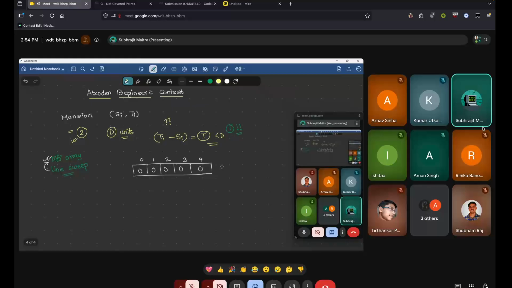Now, you come to me and tell me that from index 1 to index 3, increase all the values by +1. I do it. Then you tell me from index 2 to index 4, increase all the values by +1 again. I increase the values.